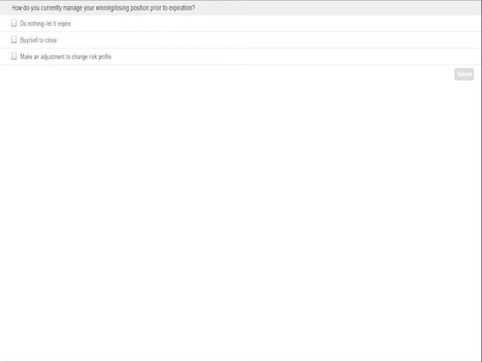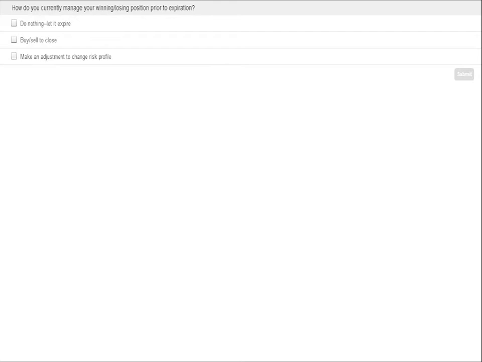Or number three, are you more apt to make an adjustment and do something to change the risk profile of the trade? Now, I'll point out here that ultimately you're making one of these three decisions all the time. You just might be making those decisions by default. For example, if you open an options trade and didn't do anything at all, didn't even track the trade, then by default you're doing nothing.